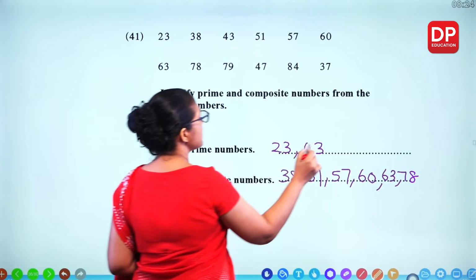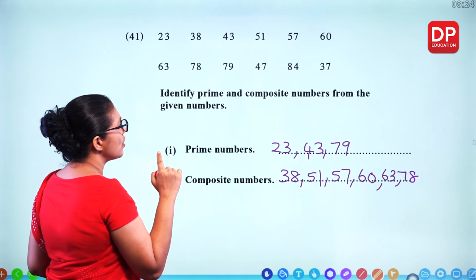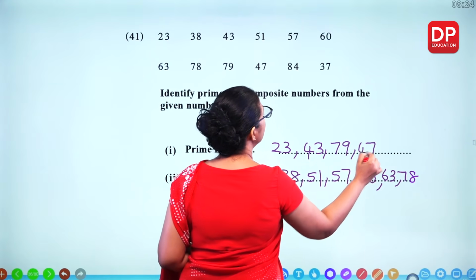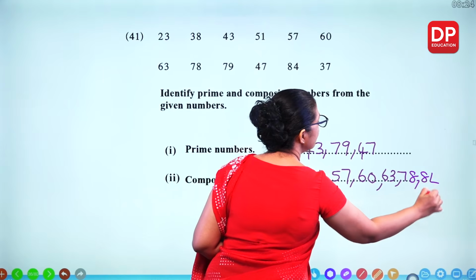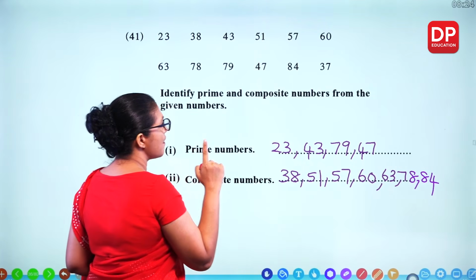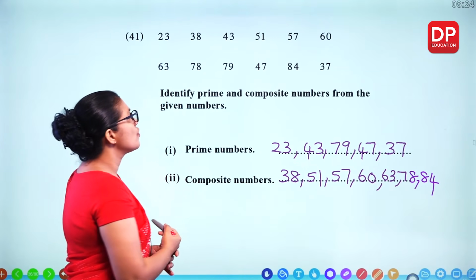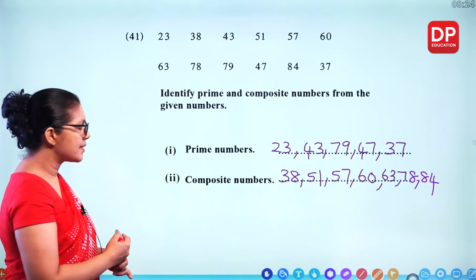You can't. So 79 is a prime number. 47 is a prime number. 84 is composite. And 37 is also prime. So that's how we identify prime numbers and composite numbers.